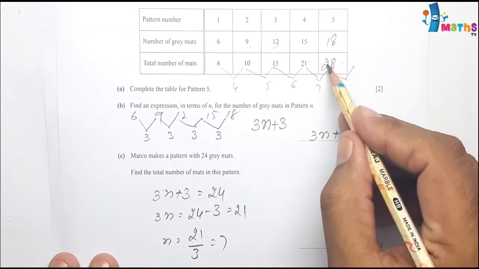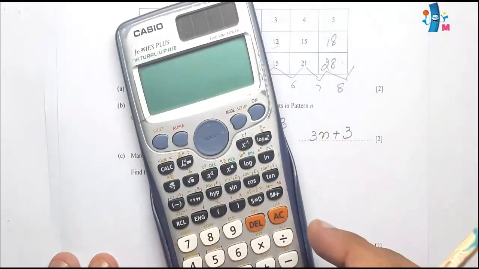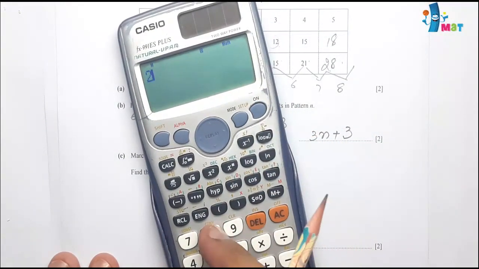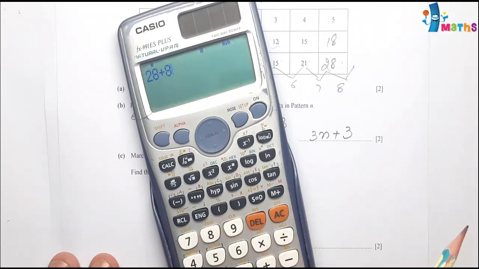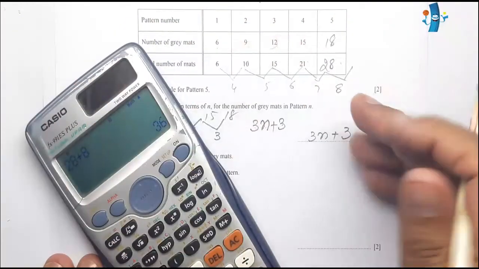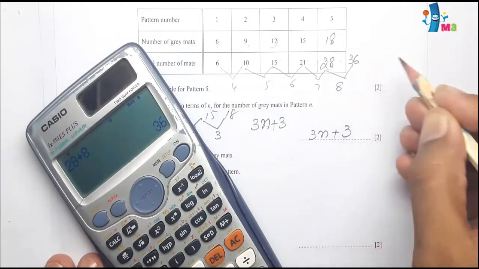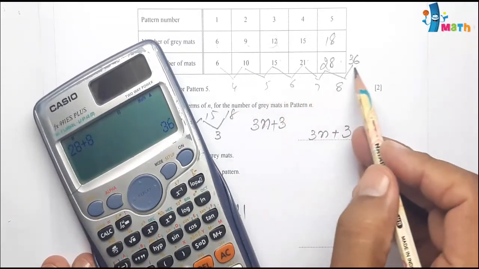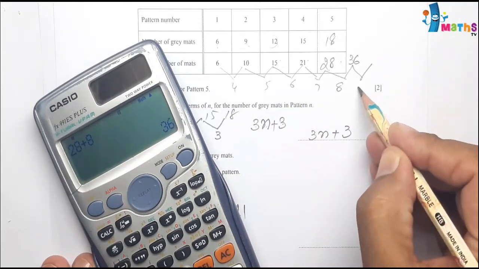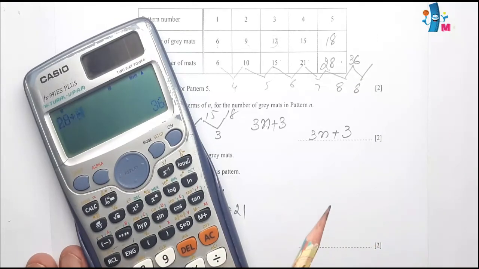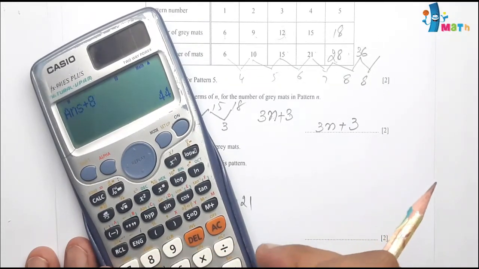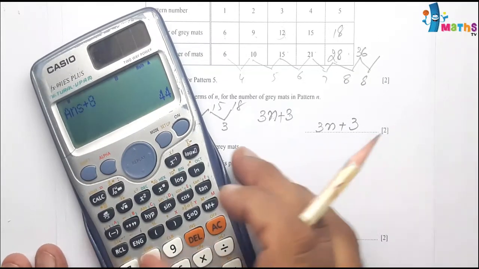So 28 plus 8 will be 36. So this will be 36, which is the 6th term, but we need another term. So add 8. 36 plus 8 will be equal to 44.